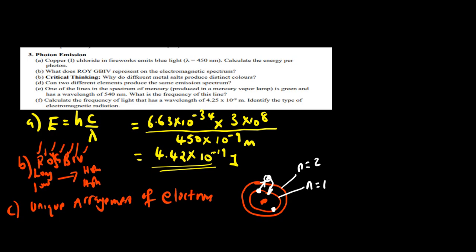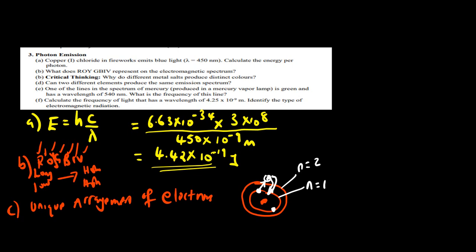So when you heat these, the electrons absorb energy and move to higher energy levels, then return to lower energy levels. When they are returning, they release energy as light, and that light can be in different colors.